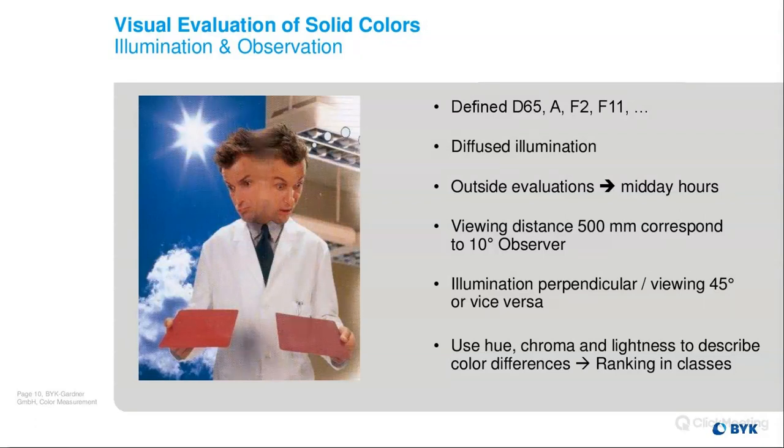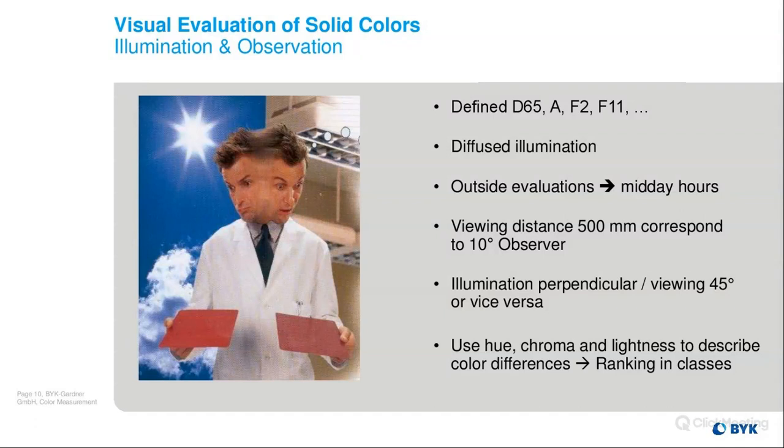So that means your light source is directly overhead of a sample, and then we view it from a 45-degree angle from the side. That way we don't get any of that specular reflection or that gloss that comes from the light and shines into our eyes. We want to avoid that. That way we can see the full color and not just the white gloss light.